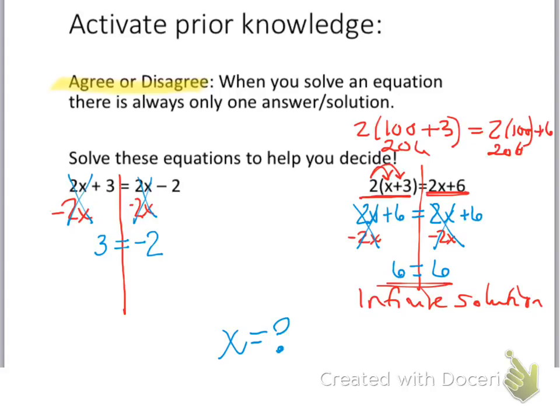For example, looking at this one, where it says 3 equals negative 2. 3 is not equal to negative 2. It's not possible. It's not a solution. There is no number that I try that will make this side equal the same thing as this side, because these two expressions are not equivalent.